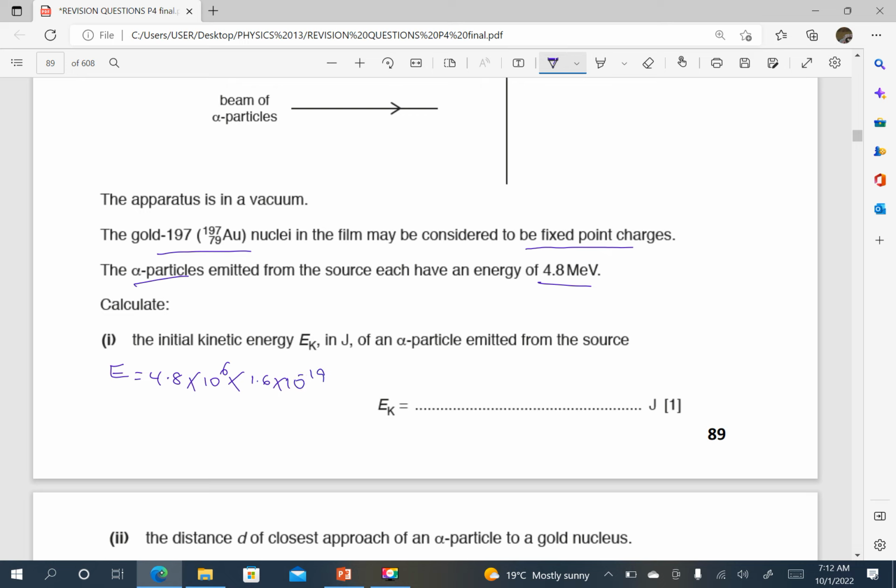Then I press my calculator. This gives me 7.7 times 10 power negative 13. This is mega electron volts, and 1 electron volt is 1.6 times 10 power negative 19 joules. So this is now in joules.